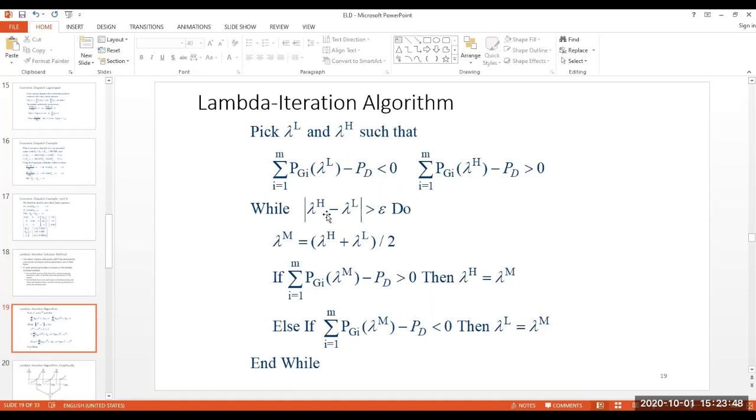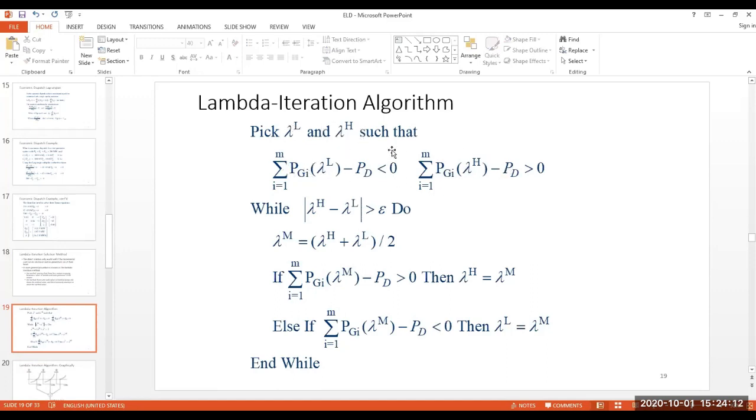Let's go through it. The first step is a little trivial one. You have to pick two values of lambda. One I'm denoting lambda L, another one is lambda H. By L I mean some lower value, H stands for some higher value. In what respect are they lower and higher? In this respect.